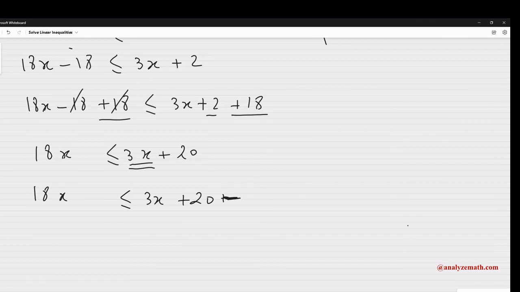So 3x, I need to subtract 3x. This is the minus. Now when I do it on this side, same thing on this side. 18x minus 3x, 15x. 3x minus 3x, that was the purpose. 0, 20.